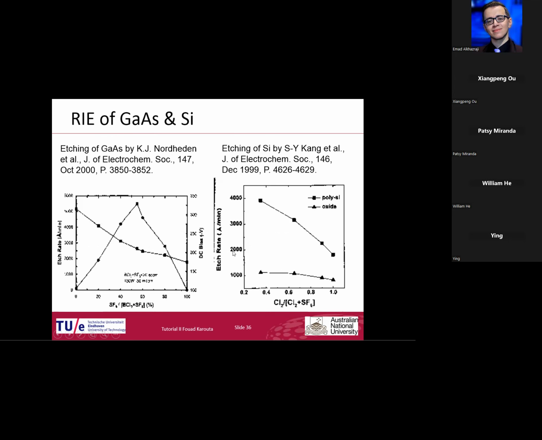So I looked in the literature and saw that etching gallium arsenide had the same effect. You see the same type of behavior: an increase when adding SF6, and then it decreased again.